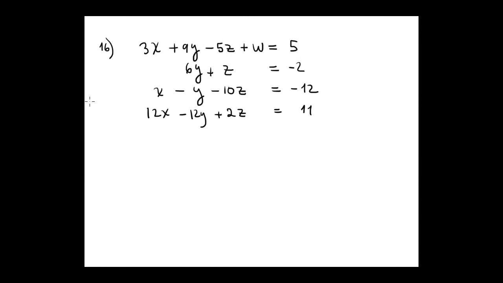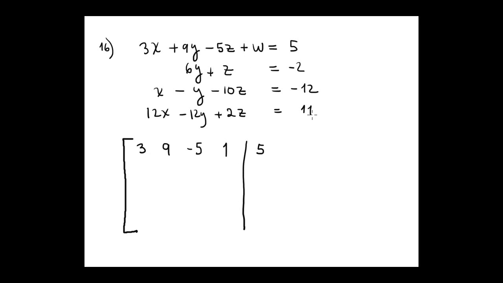Okay, question 16 is exactly the same. It's basically writing the matrix associated with the system. You open a big bracket. You copy by row, I recommend by row. 3, 9, -5, and 1, because 1 is the coefficient here, an invisible 1. Now put the line, and on the right hand side we have 5.